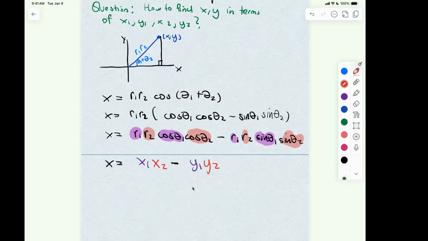And then that gives you X entirely in terms of X1, X2, Y1, and Y2, right? And of course, I'll give you a trick to memorize this formula. There's a very elegant way to memorize it, but this solves the problem. At least for X, that gives you complete information about X in terms of the initial coordinates of the 2 points.